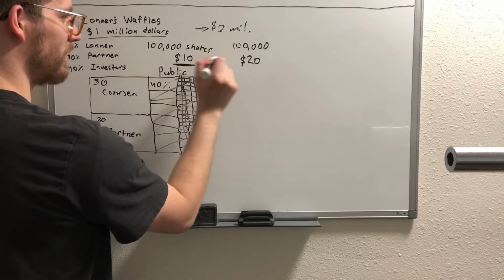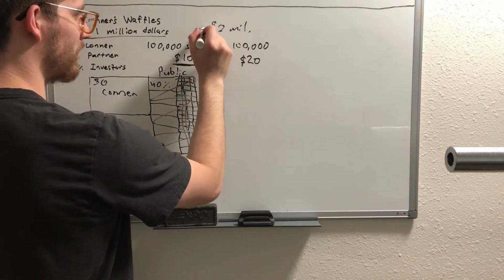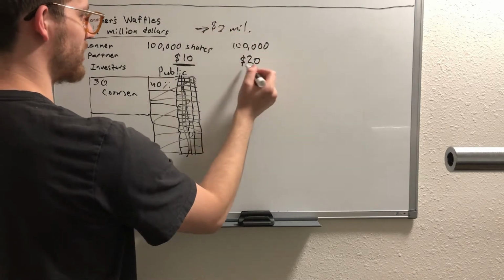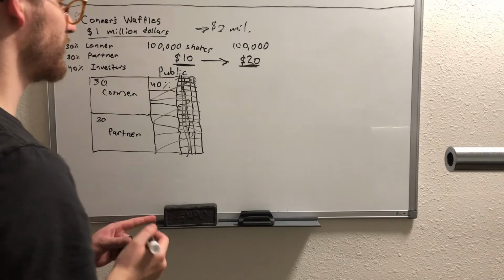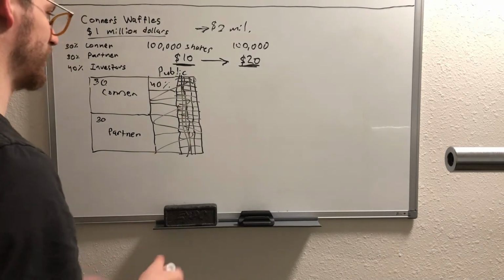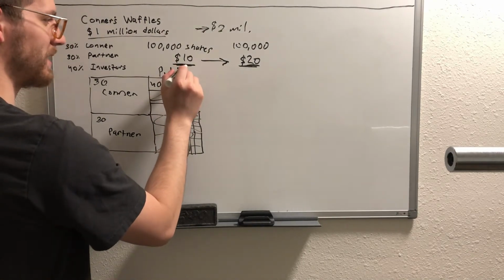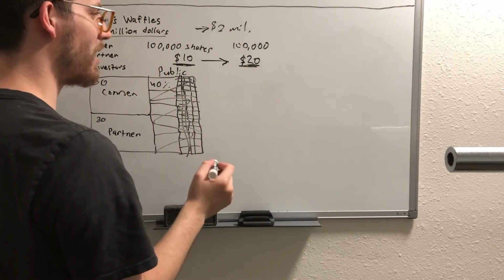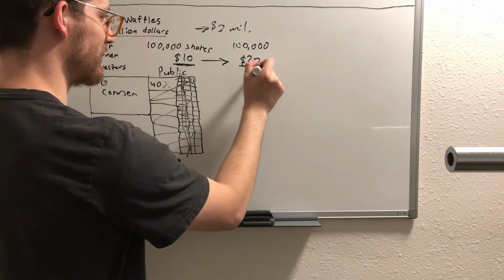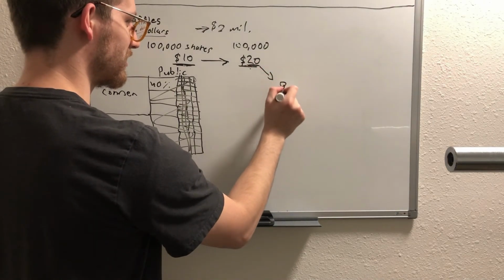And after a year, our company increases to a $2 million valuation, so the shares are $20. These shares have increased in value, which means that whoever bought the shares last year at $10 has effectively doubled their money. And now they can take their profits by selling to somebody else.